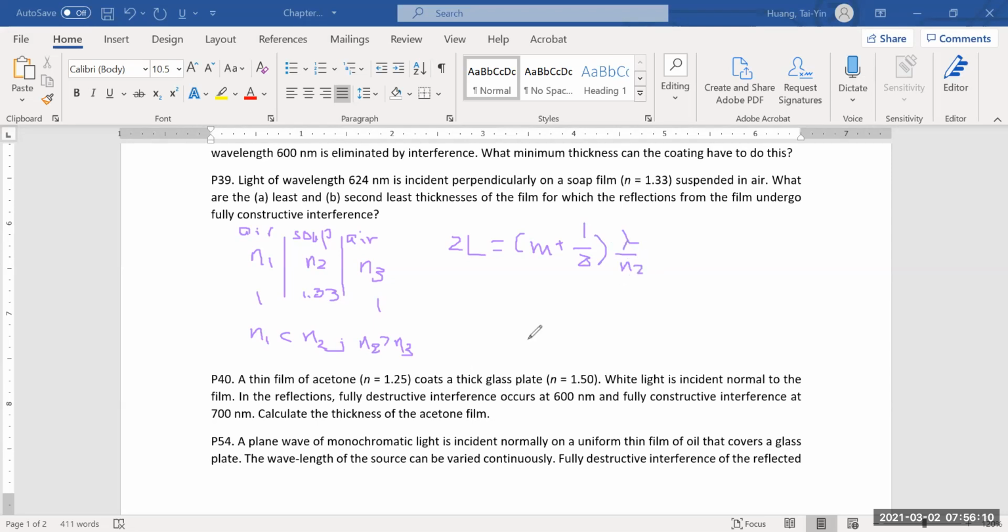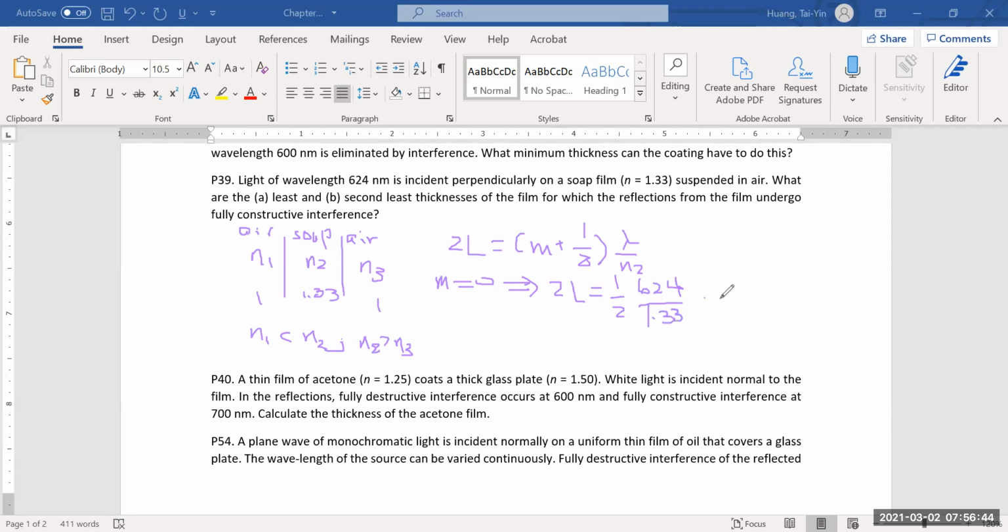Part A says the least thickness. Again, what is the smallest L that would produce constructive interference? That would be when m is the smallest. When m is equal to 0, we have 2L equal to 1/2 times the wavelength, which is 624 nanometers, over n2, which is 1.33.